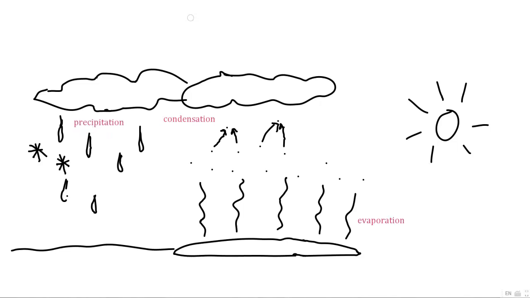So precipitation is when the water vapor molecules get big enough, or they condense enough, such that they fall out of the sky. When they hit the ground, there are several different things that might happen.